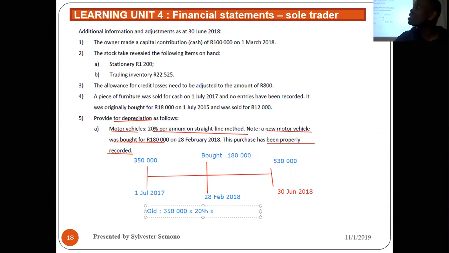Because it's old, it has been there the whole year. No, that is new. I'm not focusing on the new. The new is only 180. I'm focusing on the old one, the one that we started with. We started with 350 and it's for the whole year. How much do we get?